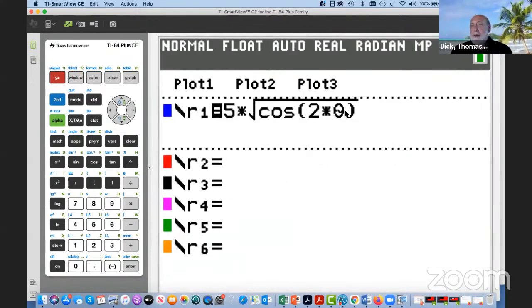When theta is between, for example, pi over 4 and pi over 2, 2 theta will be between pi over 2 and pi, and the cosine of those angles is negative. Then we'd be trying to take the square root of a negative number.